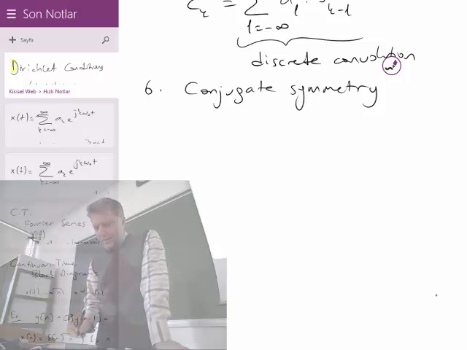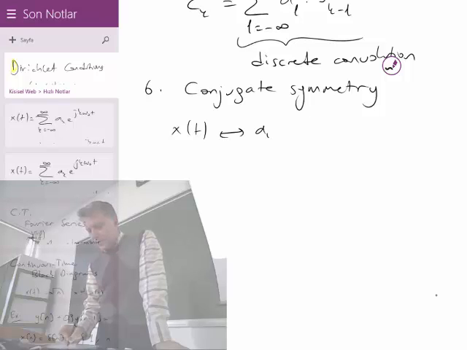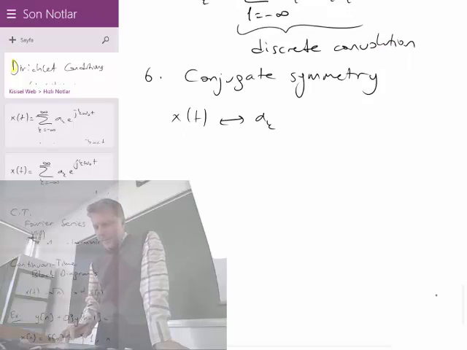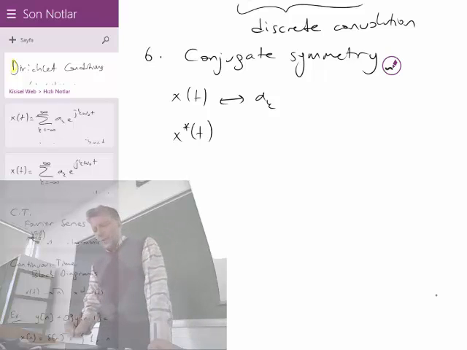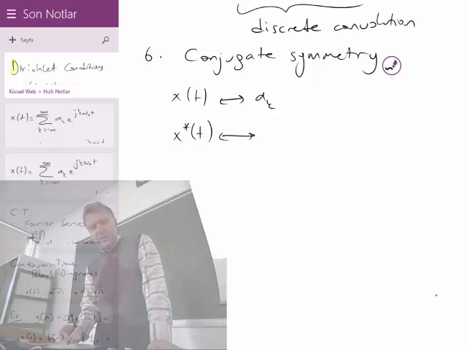Suppose that you have x of t with Fourier series coefficients a_k, then the complex conjugate of it will have Fourier series coefficients of a conjugate of minus k.